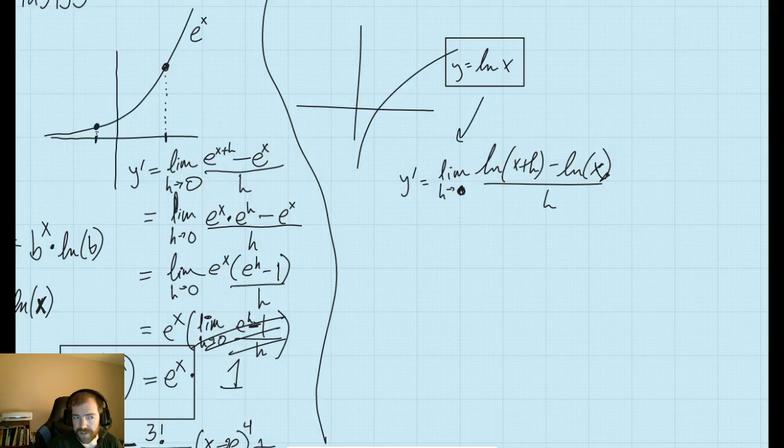As much fun as it is, take the limit as h goes to 0 of, in this particular case, we've got natural logs which are connected by subtraction. So the natural thing to do here is to connect them. And then here, multiply this by 1 over h rather than divide by h.